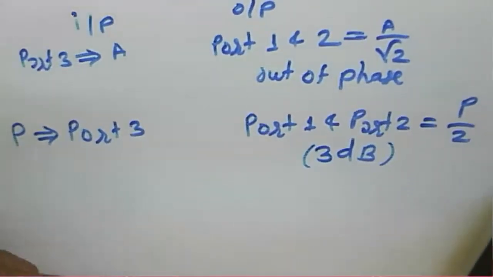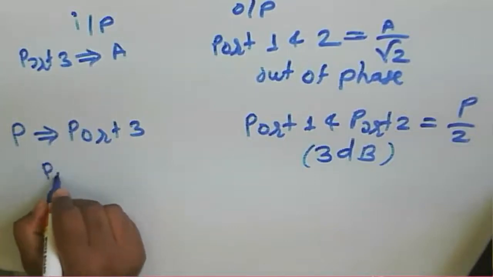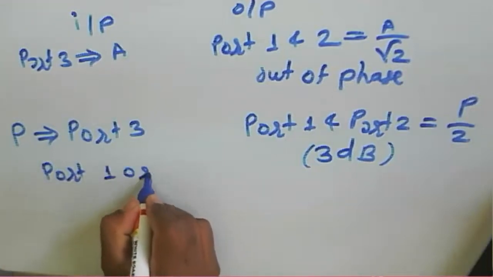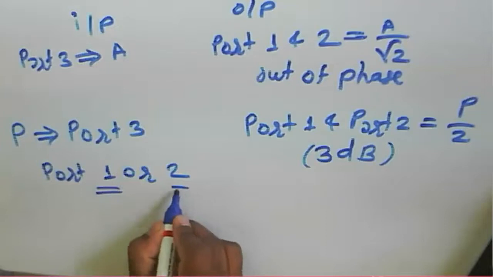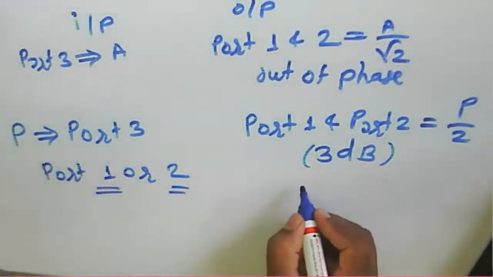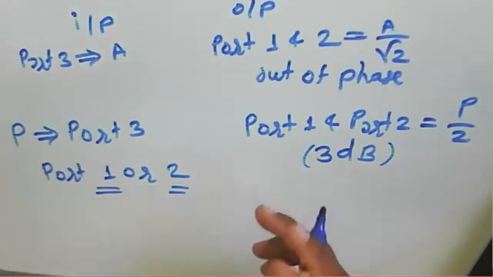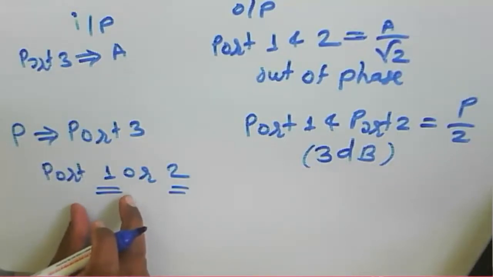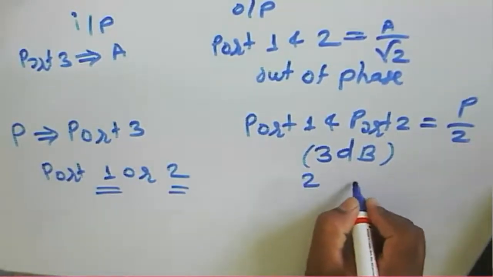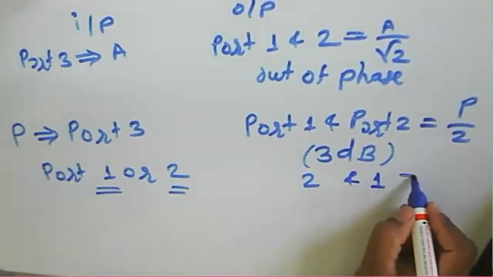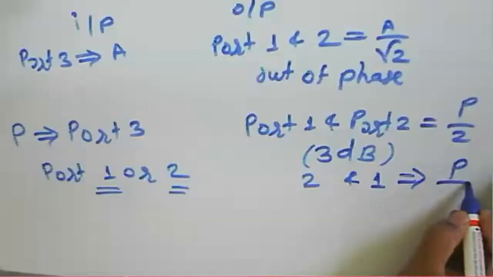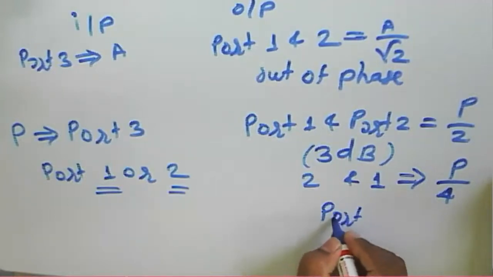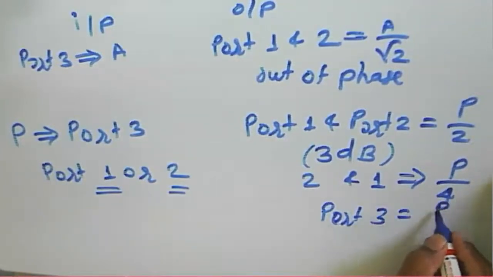Now, another case: if we have the input at port 1 or port 2, then the output will be available at the other ports. Suppose port 1 is the input, then the output at port 2 will be P by 4, and at port 3 it will be P by 2.